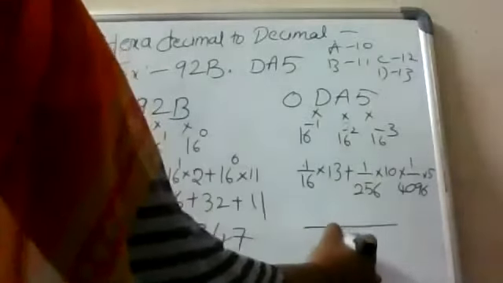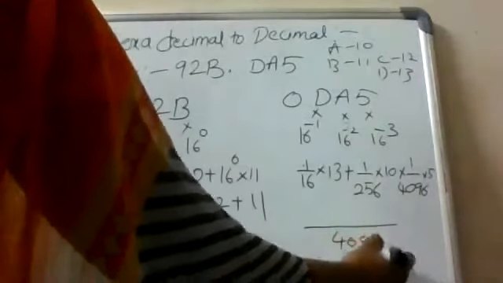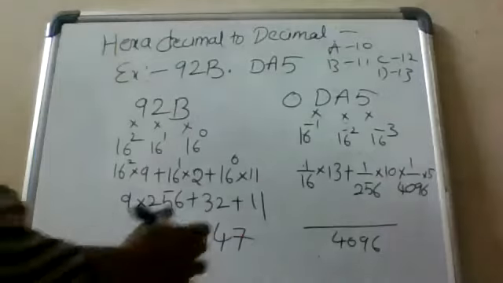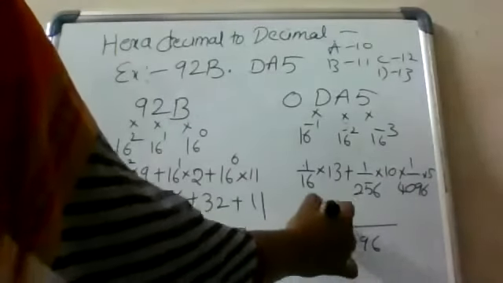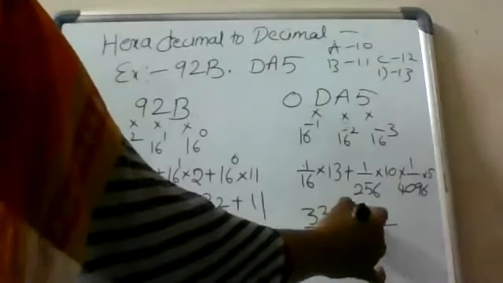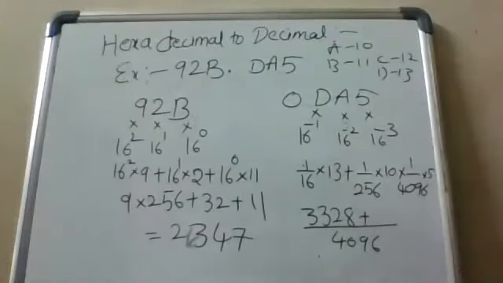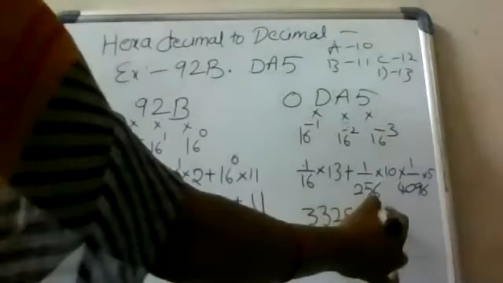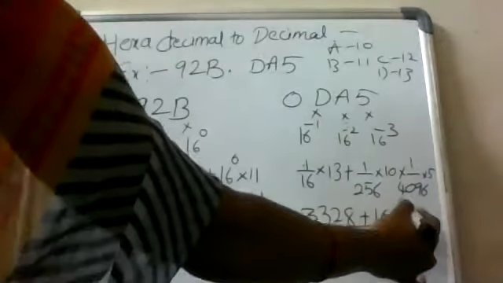Taking the LCM, the value 4096, here the value is 3328 plus 160 plus 5.